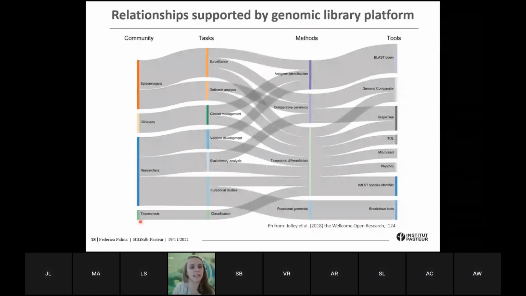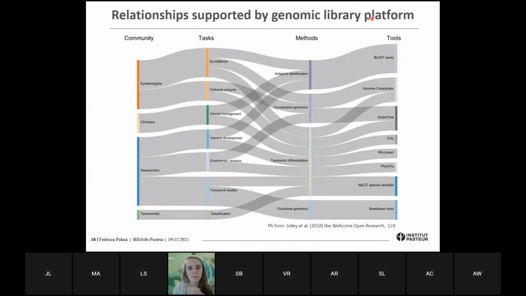In fact, we can see that there is a large and diversified community, which may need different methods to answer a specific task, and also a variety of tools that need to answer those needs.